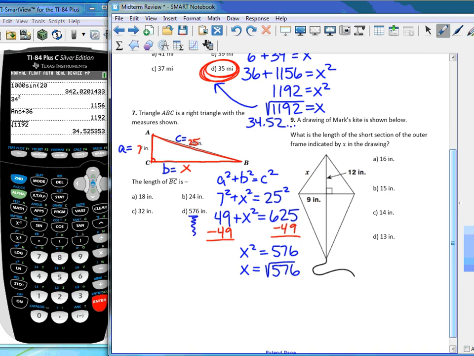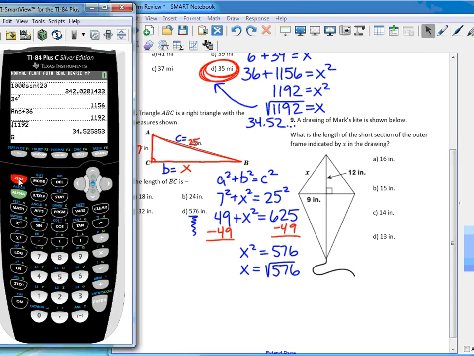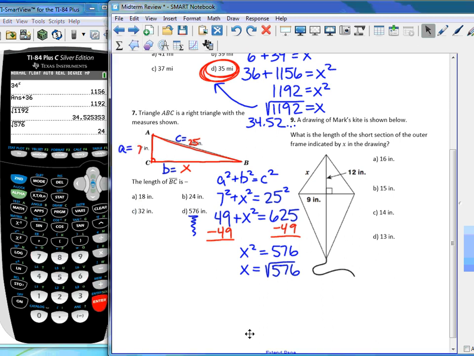But the square root of 576 is not the same as 576 itself. Square root, and I can do it over here, second x squared, 576, enter, turns out to be 24. So they were really hoping somebody was going to choose that 576, but it wasn't going to be us.